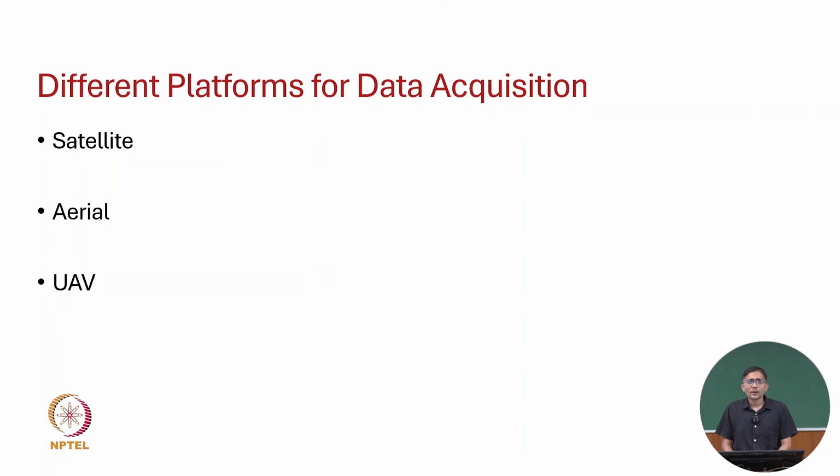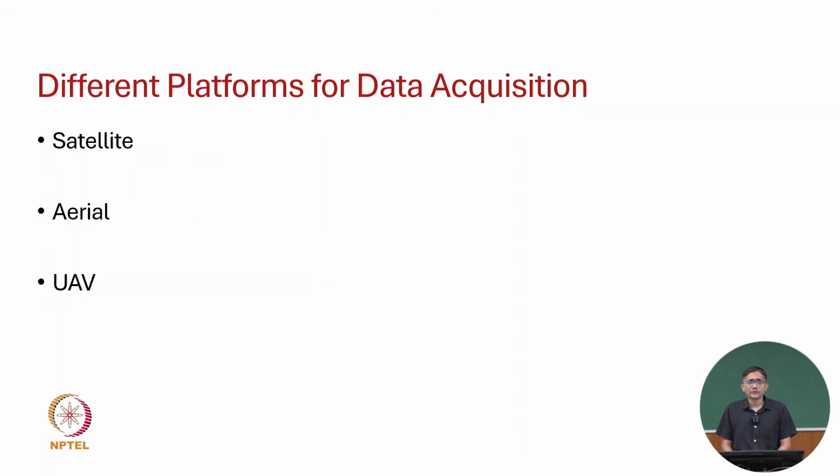So, one variation that comes in the data is also from the platform for data acquisition, and this variation can come in the form of satellite, aerial platforms, or unmanned aerial vehicles.